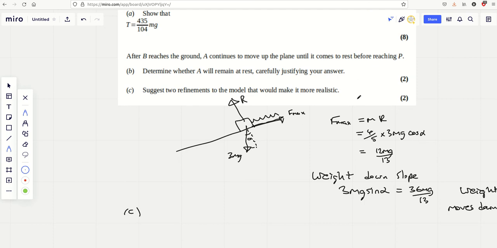Anyway, so just 2 refinements to the model that would make it more realistic. Well, there's lots of refinements you could make here. You've got the obvious one. Consider air resistance. That's often quite an easy one to get. You could also use an extensible string.